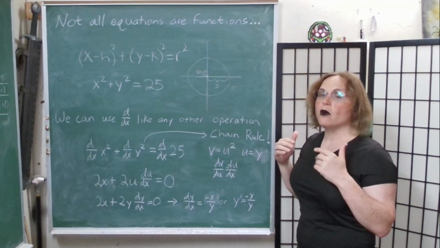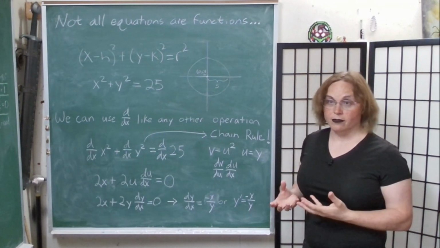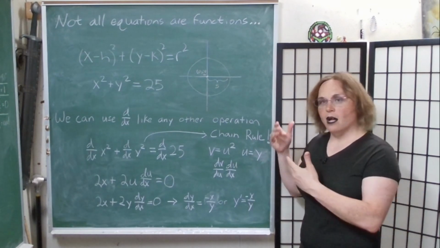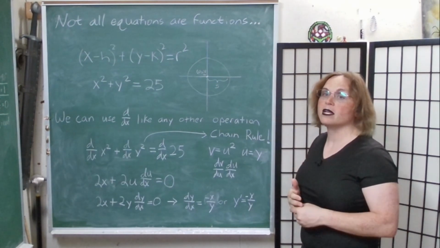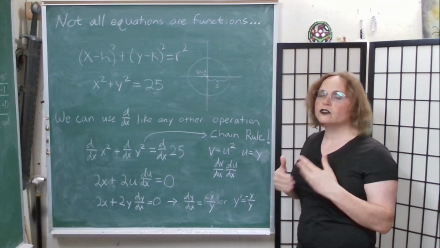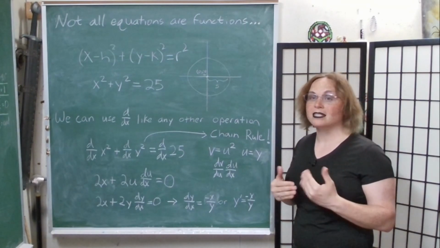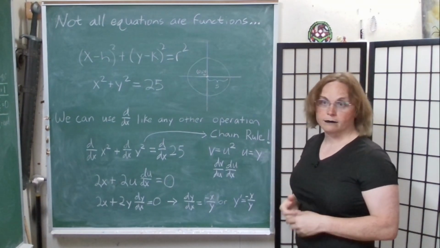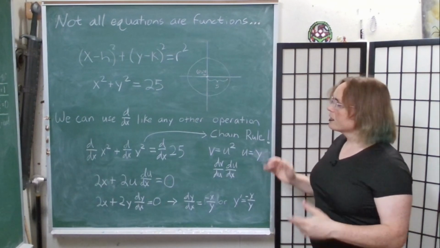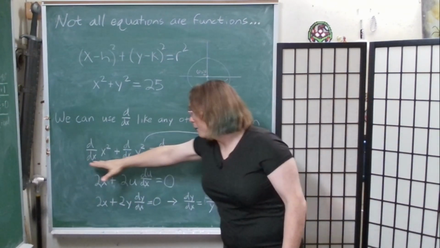And this is where implicit differentiation really comes into its own strength. So I'm going to demonstrate it with this circle because this is one where we can examine it algebraically. But we're also going to look at a few examples where you can't do it algebraically, but the methods still work.